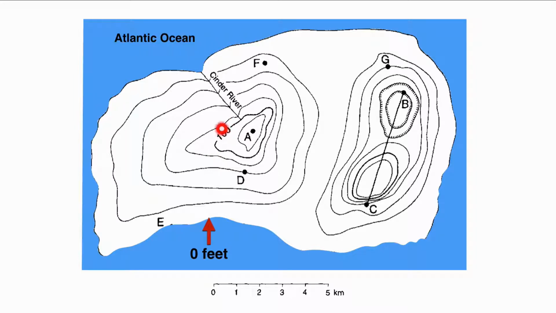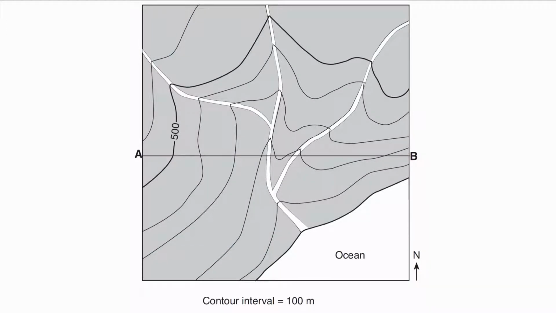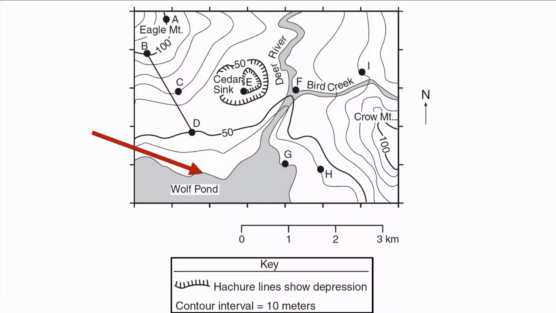So the contour interval on this map is 20 feet. So the contour interval here is 100 meters. If I asked you what the value is of this line, it has to be equivalent to 200 meters. 0, 100, 200.